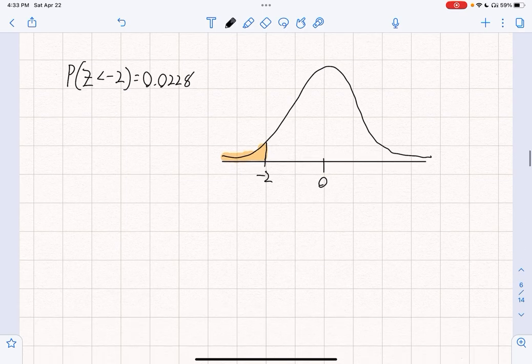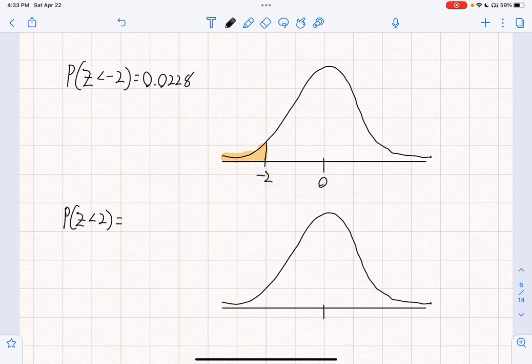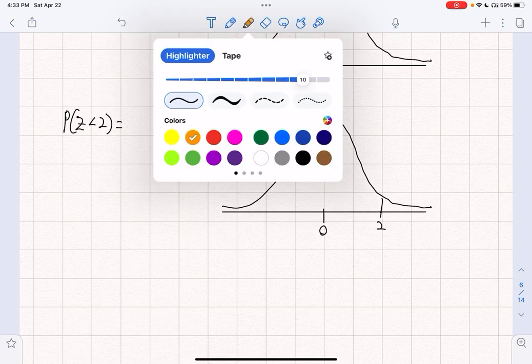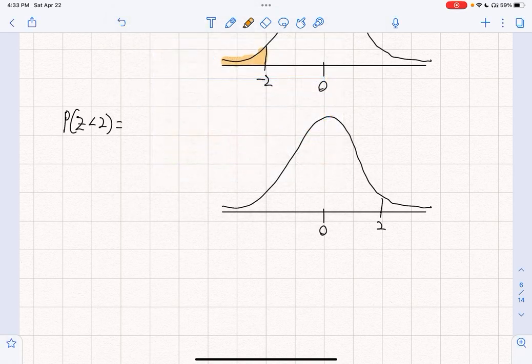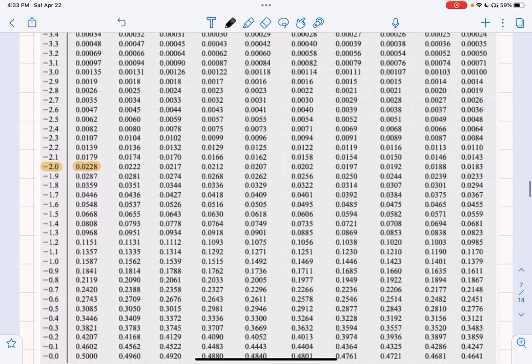Okay, so now let's do probability z is less than +2. So 0, I'm going to put a +2 here, and we want the area all the way, all of this. So this is a positive value of 2, so we're going to go to our second table.